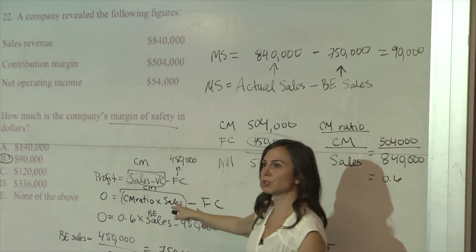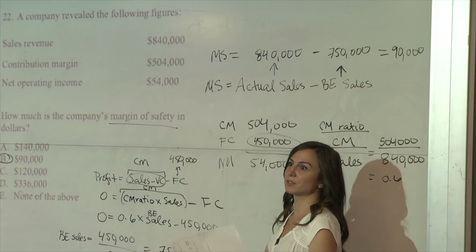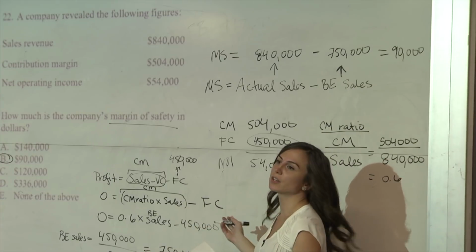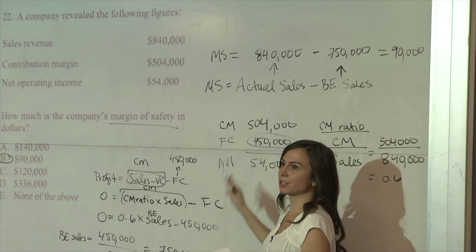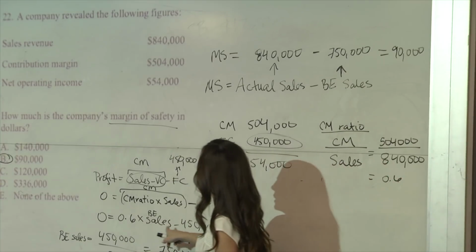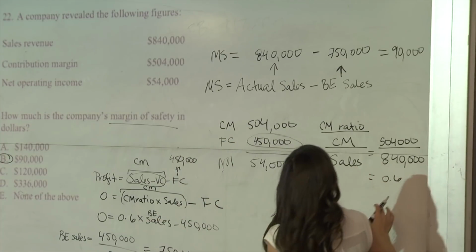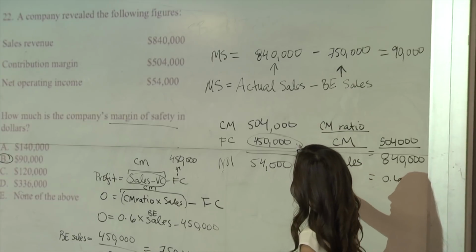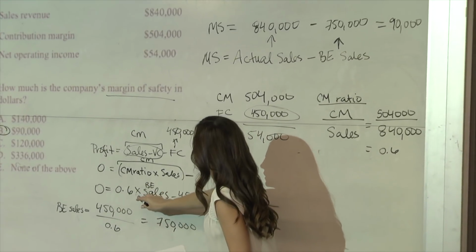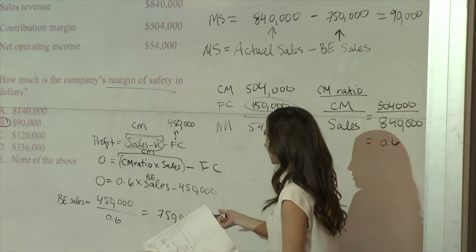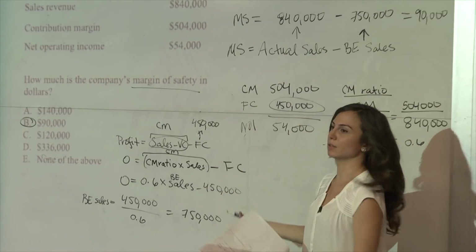I know that the contribution margin ratio, even in the case of break-even sales, in any case, is going to be the same, because if the units change for variable costs, they also change for the selling price. So that ratio is going to stay the same. Then, because of the given information in this problem, I'm going to use the fact that I have fixed costs, which I always need. I'm going to use this 0.6 as a way to get to the break-even sales.